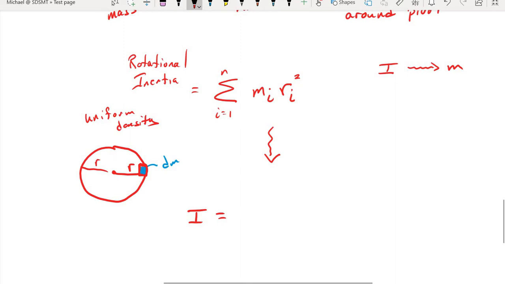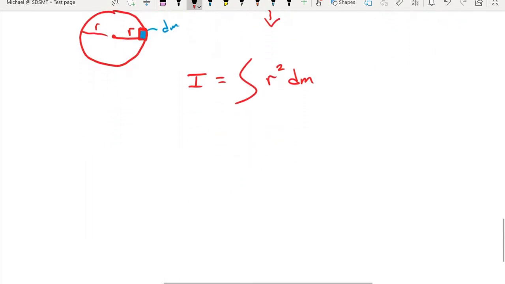Summations are really just the foundation of the integration process. What we're going to do is take those individual masses and integrate about the dimensions of our object.